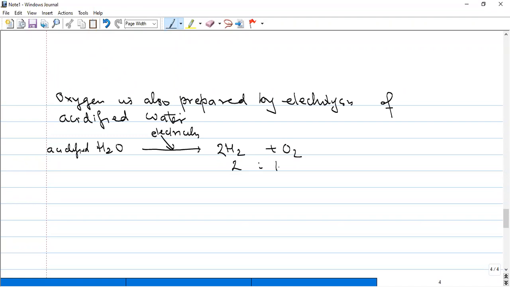This is called electrolysis. You get oxygen at anode and hydrogen at cathode, in volume 2:1.